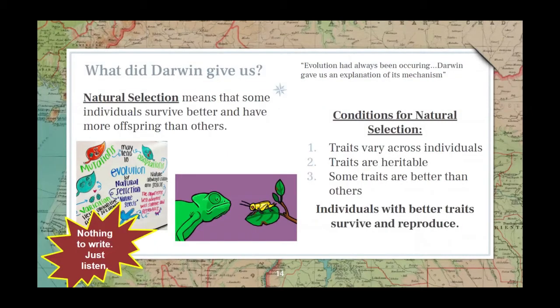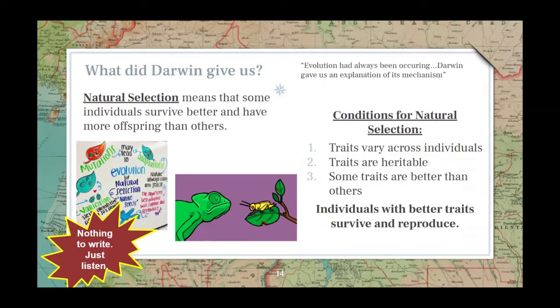Now, on this page, you don't need to write anything, but I do want you to listen. We're going to be covering natural selection in lesson 3, but it's going to give us a good wrap around to be able to talk about mutations next. So natural selection means that some individuals survive better and have more offspring than others. And the conditions needed for natural selection: we need to have traits that vary across individuals.